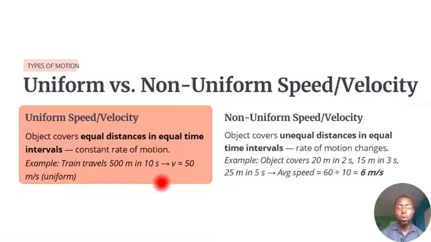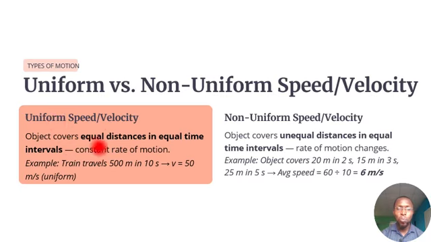So we now go on to another aspect of speed and velocity. Having known the definitions, their formulas, and the unit, there is what we now call uniform speed or uniform velocity, and also non-uniform speed and non-uniform velocity. Either way, what matters there is the words to be used.